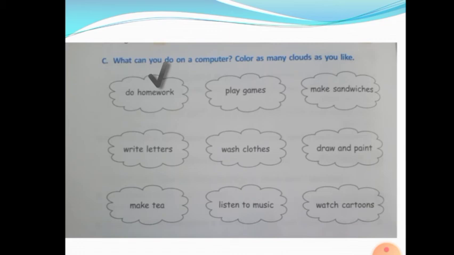Then, next one, play games. Yes, we can play games using computer. Third one, make sandwiches. Can we make a sandwich in the computer? No. So don't do anything in that cloud. The next one, write letters.